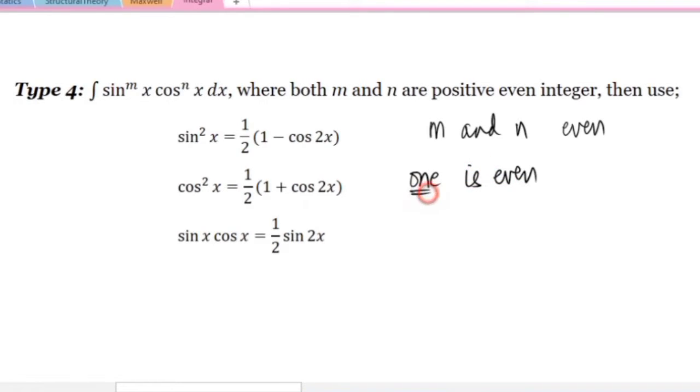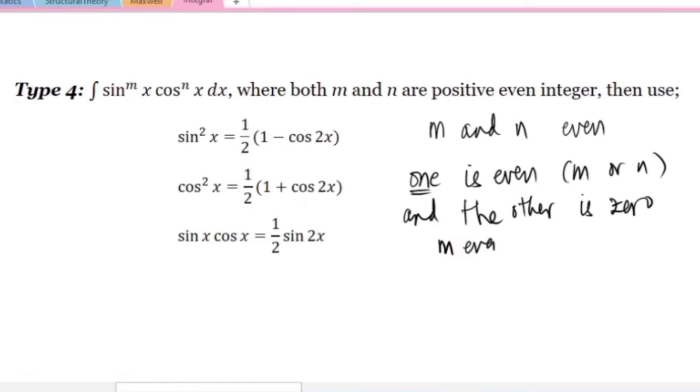So itong tinutukoy na 1 dyan, so either si m or si n, and the other is 0. So either si m ay even, tapos yung n mo 0, or si m naman yung 0 and si n mo ay even, or both m and n are even, then applicable ito yung type 4 natin.